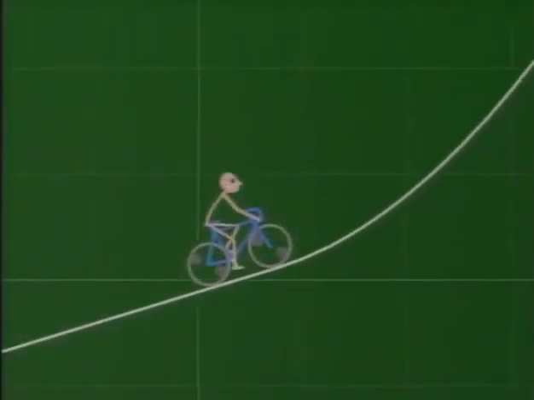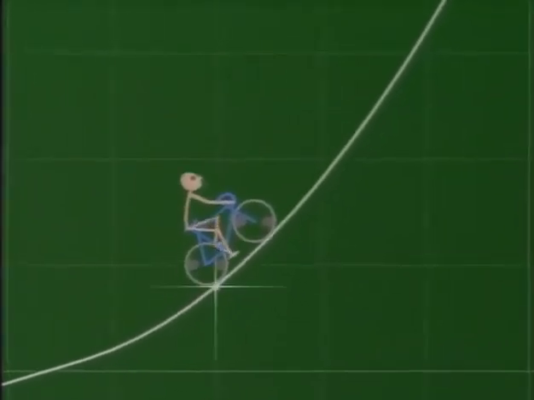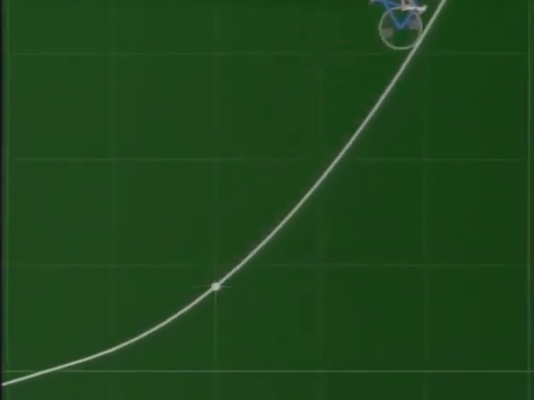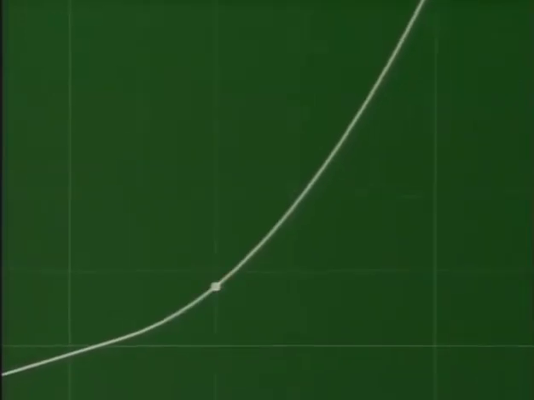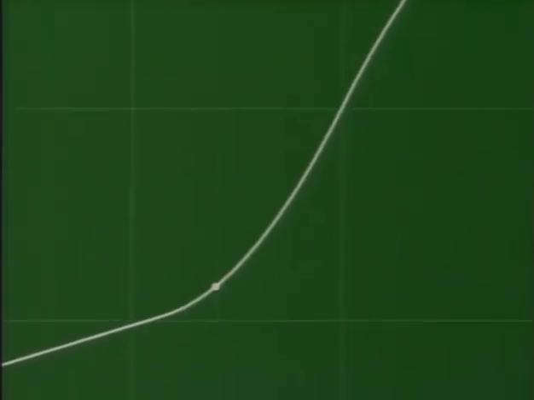To determine the slope at a particular point, simply take another point on the hill. It doesn't matter where. Now connect the 2 points with a straight line. That line is called a chord, and its slope depends on the location of the second point.